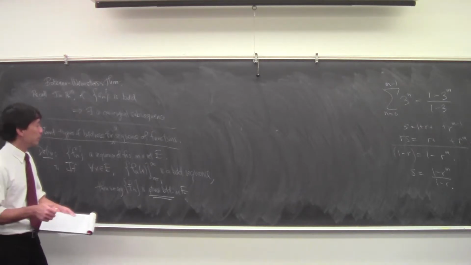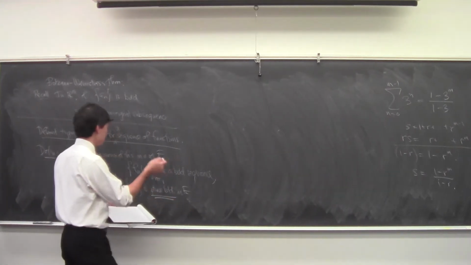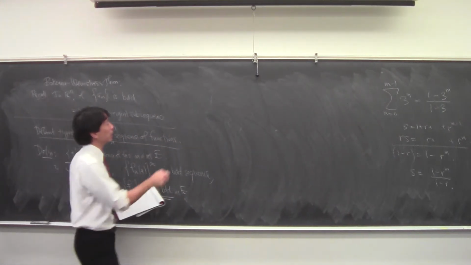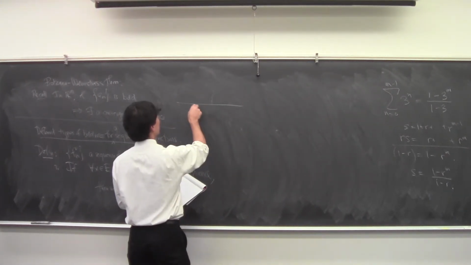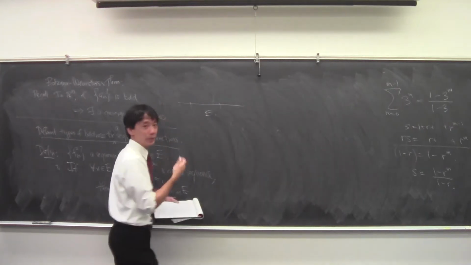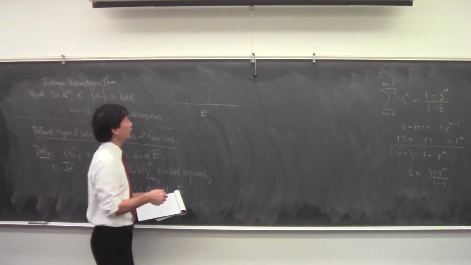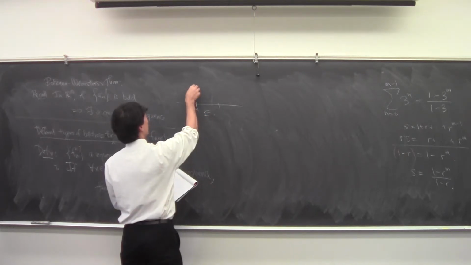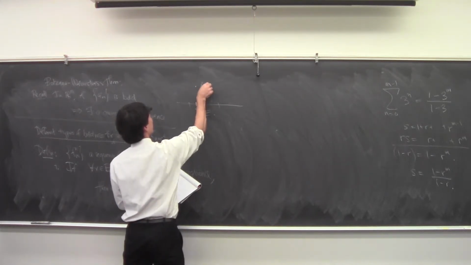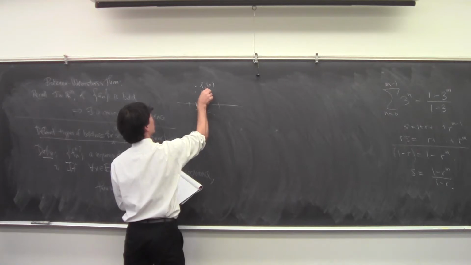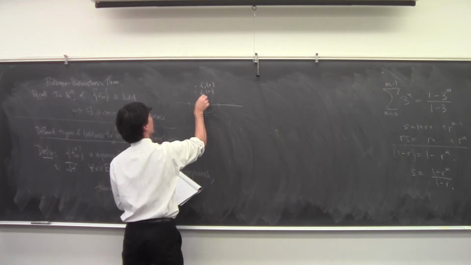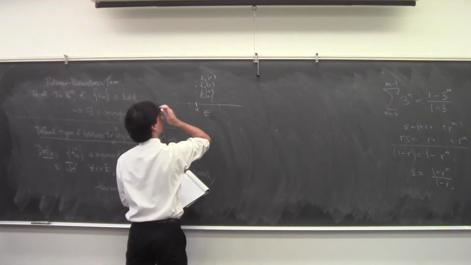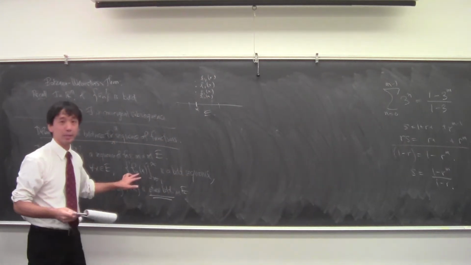Okay. So what is this saying? This is saying that you have some set. Let's pretend that our set is some interval. And what this is saying is that if you look at any point in the set, then you have some f1(x), some f2(x), f3(x), f4(x), whatever, and those have to be a bounded sequence.